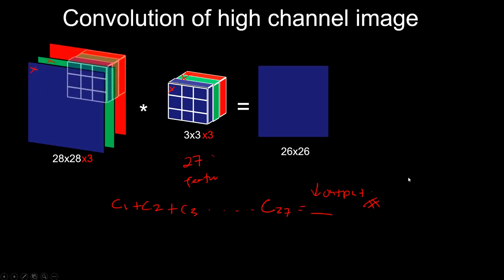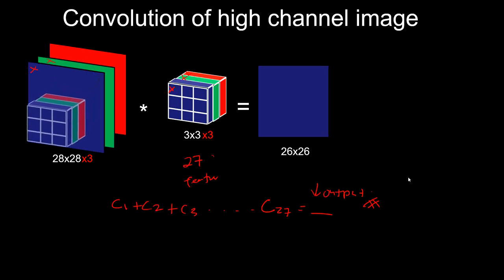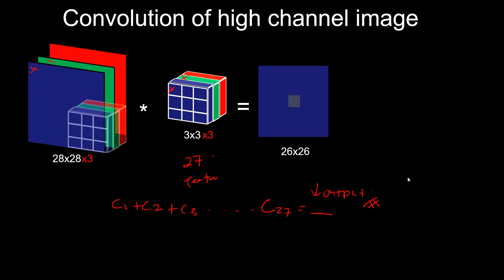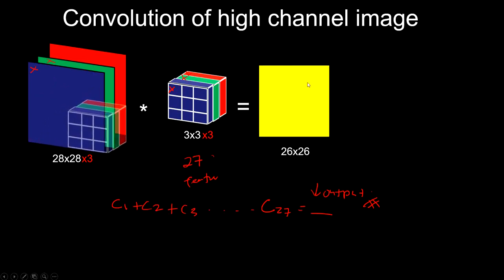The same thing: the cube will be slid through the image, and for every step you get a single value, because you slide the cube through the image, and eventually you have this C27 value. The total of this will be plugged in this part. Okay.